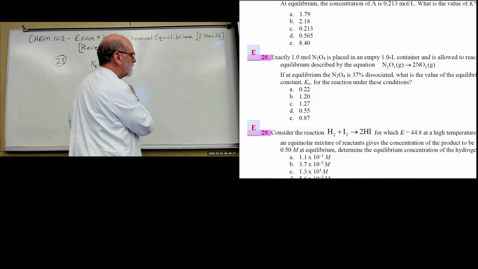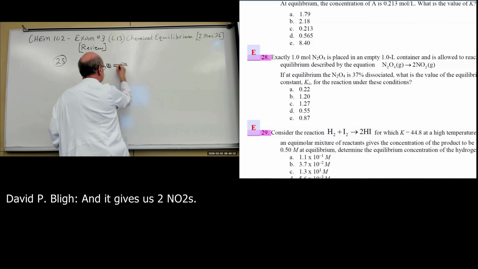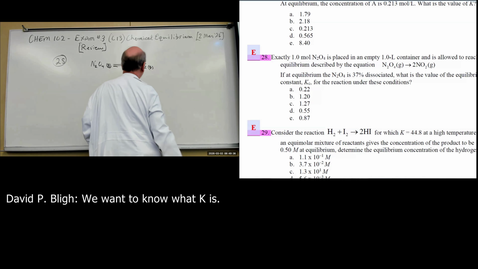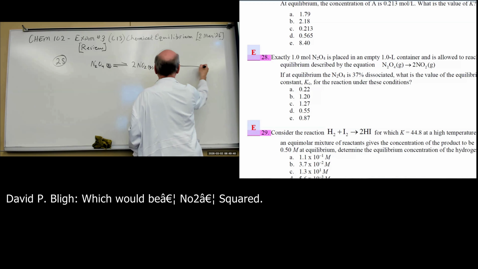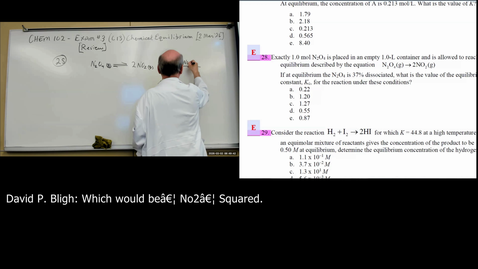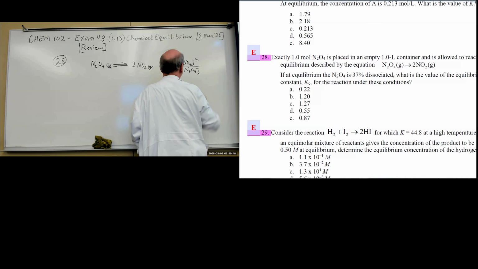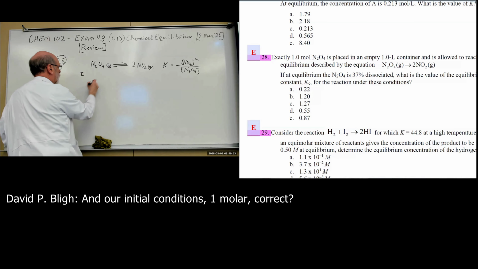All right. So we've got our equation is N2O4, right? Yep. And it gives us two NO2s. Right? And we want to know what K is, which would be NO2 squared over N2O4. And our initial conditions, 1 molar, correct?